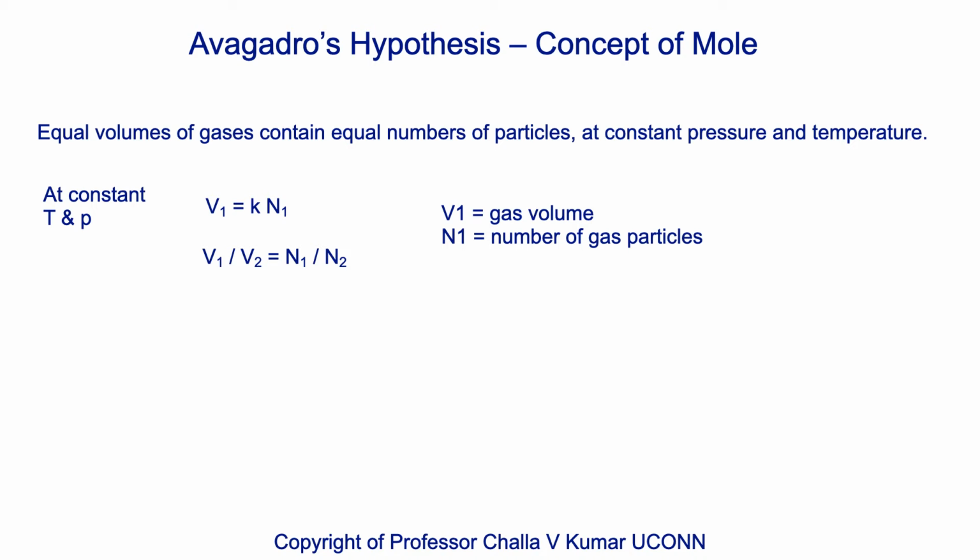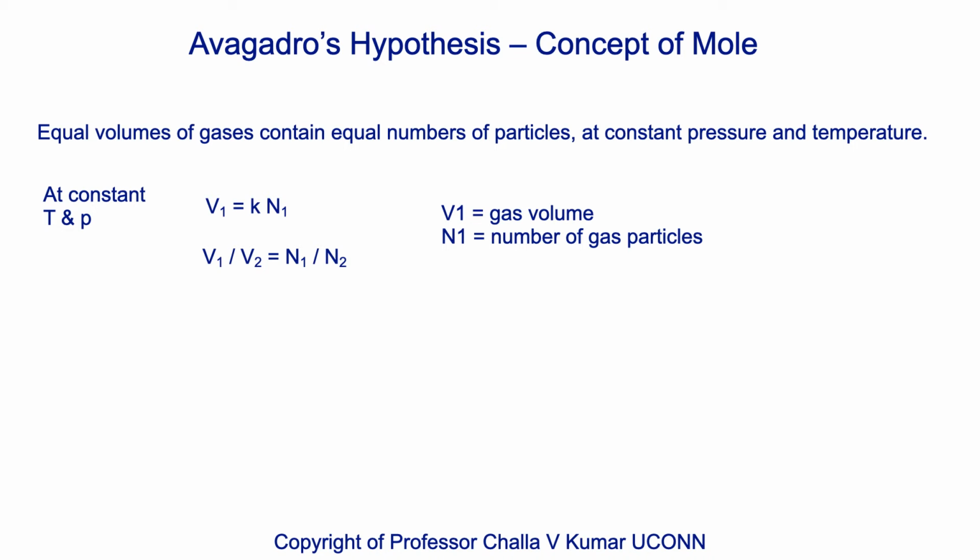So coming back to Avogadro's hypothesis, what it says is that if V1 equals V2, then N1 must equal N2. And that is the case from the mathematical expression that we have written. This leads to an important concept in chemistry.